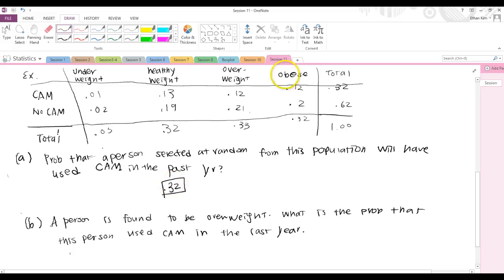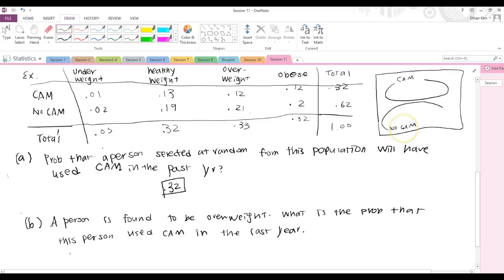Because if you add these up, 1, 2, 3, 4, these are the subcategories of CAM. So if you were to draw a Venn diagram, I'm not sure if it's a good example, but I think it's going to make some points here. So here is CAM, and there's no CAM, and obviously these two events are mutually exclusive because we cannot have CAM and no CAM at the same time.